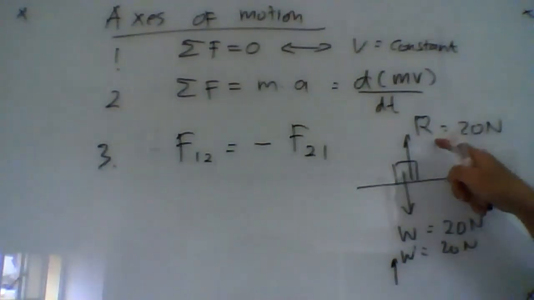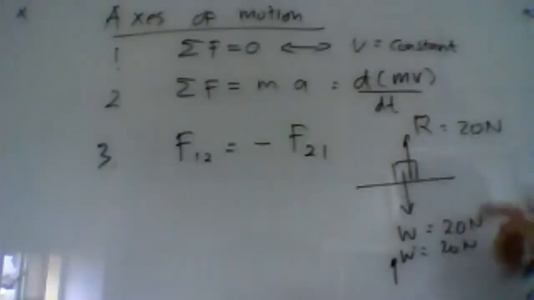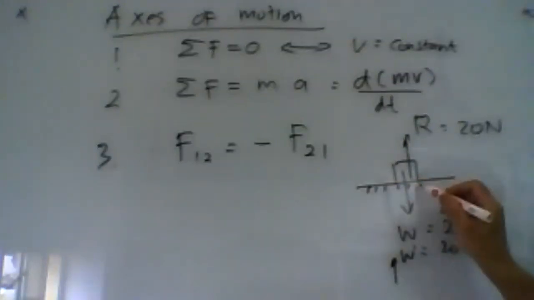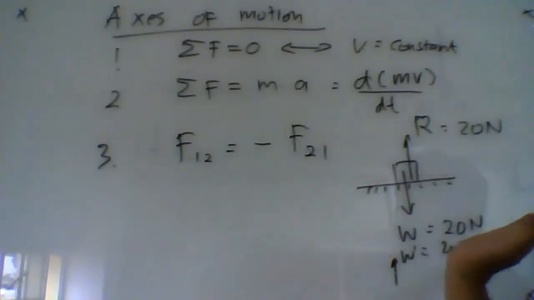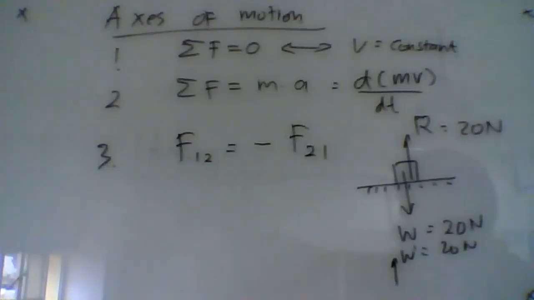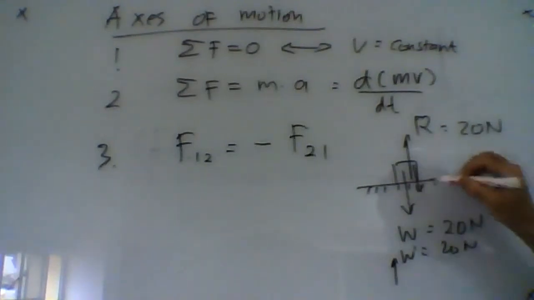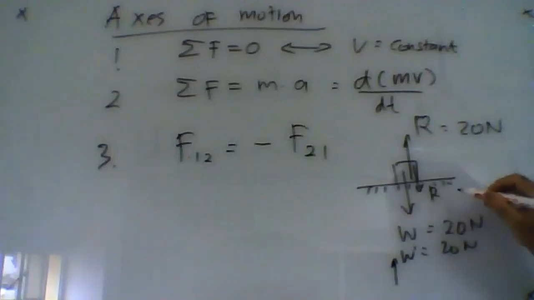Now, the normal contact force is between the surface and the object. If the surface is a table, the table pushes the object up. At the same time, the object also pushes back on the surface.